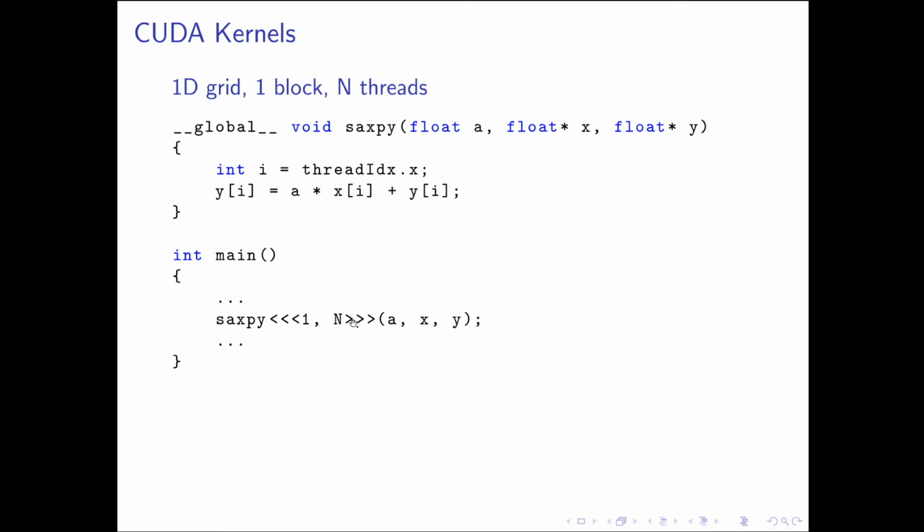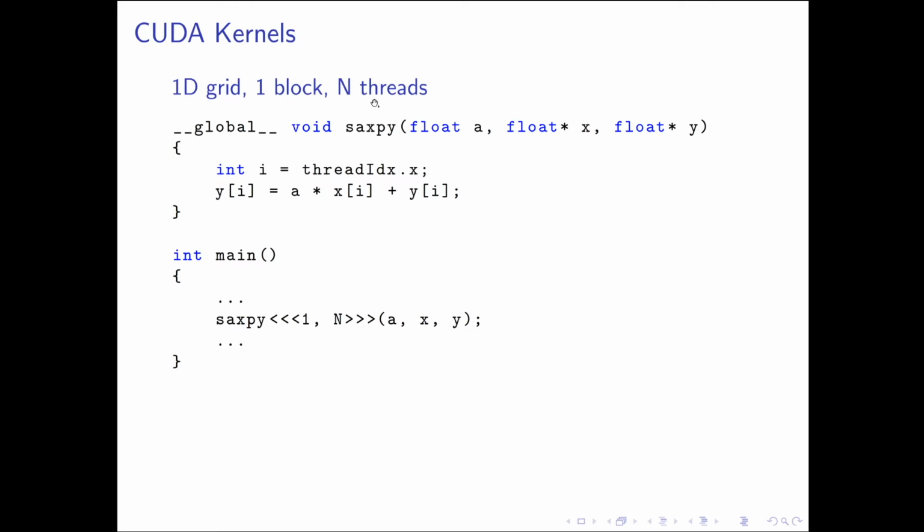So we can have large grids, but the number of threads that are in a block is actually limited. Like I believe that in certain architectures the limit is 1024. So the limit is in that ballpark. And that also limits the size of the arrays that we can actually work on here.